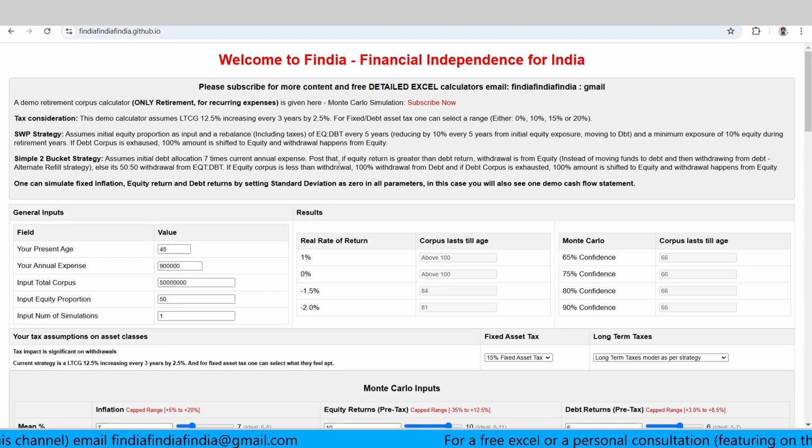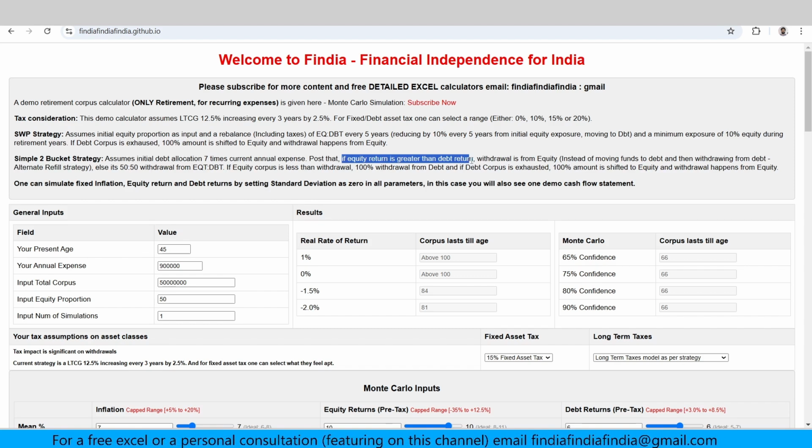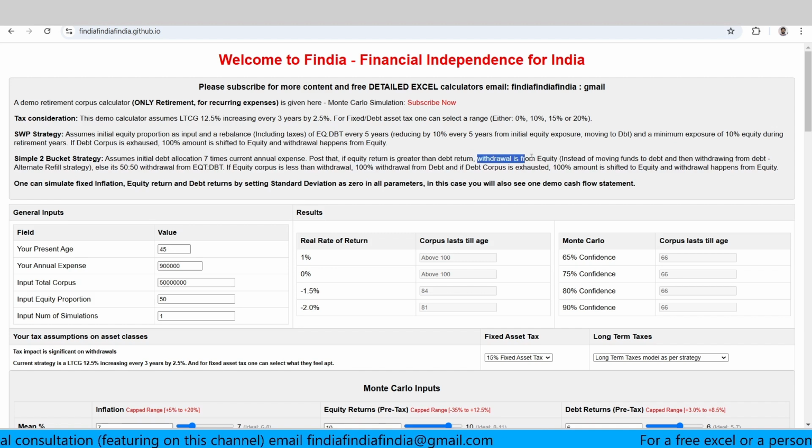Post that, our strategy is very simple. If the equity return of that year is greater than the debt return of that year, we withdraw that year's annual expense from equity.